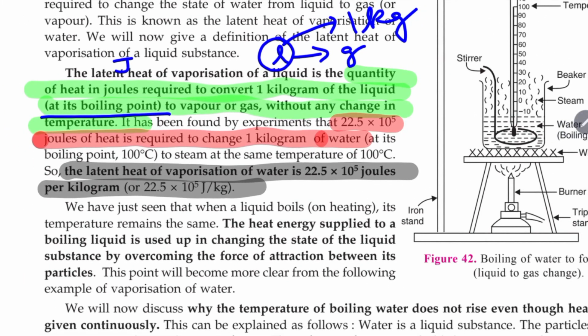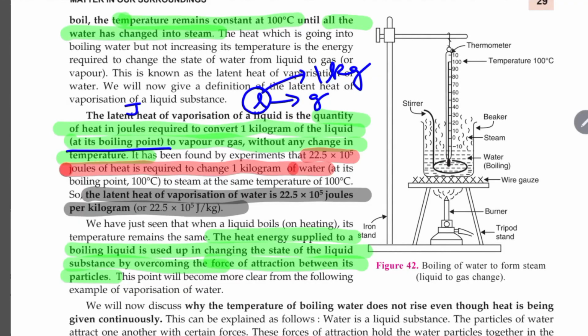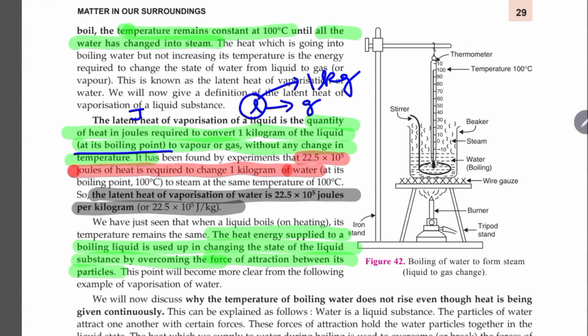And here again, the heat energy supplied to the boiling liquid is used up in changing the state of the liquid to overcome the forces of attraction of the particles. Because to change it from a liquid to the gaseous form, you need to increase the interparticle distance and decrease the interparticle forces of attraction, which you can do by application of heat that increases the kinetic energy of the liquid particles.